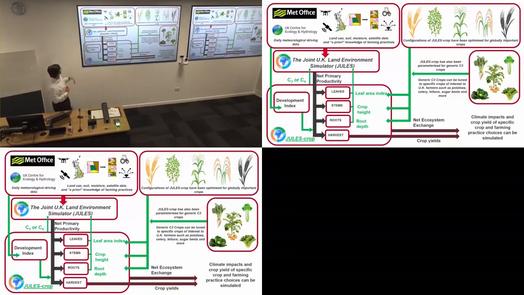The weather data has been coming from the Centre for Ecology and Hydrology, both in terms of soil moisture and the daily geological data as well. So we feed everything into a simulator, and this is one aspect.